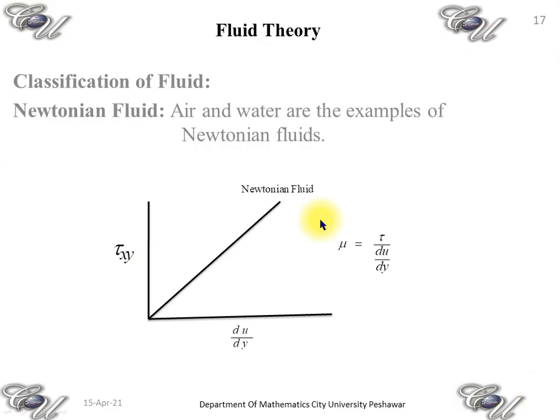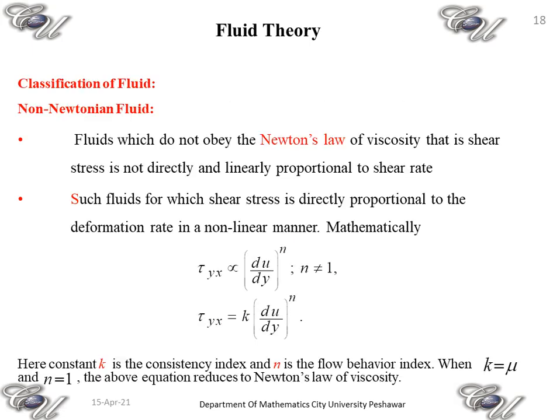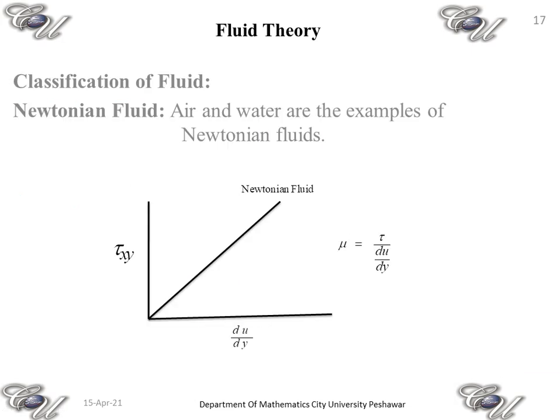As I have already discussed the Newtonian fluids in detail, now non-Newtonian fluids. I have already discussed that those fluids which do not obey the Newton law of viscosity, where this relation is not linear, the fluids which do not lie on this line, are called non-Newtonian fluids.